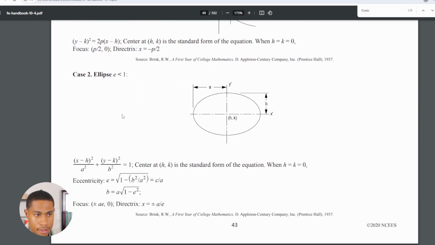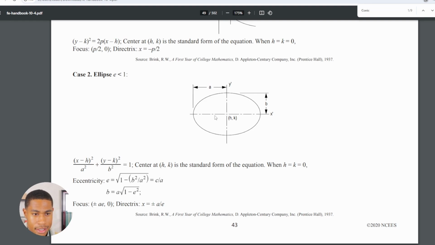If you get the equation of an ellipse, it's going to look different. Your eccentricity is going to be less than 1, and the equation in standard form is going to look more like what I've highlighted, where h and k are still the center, but you're going to have b, which is half of the height of this ellipse, measured from the center.